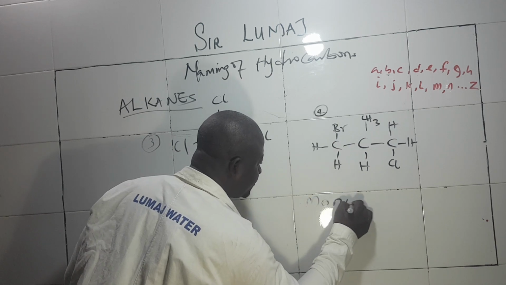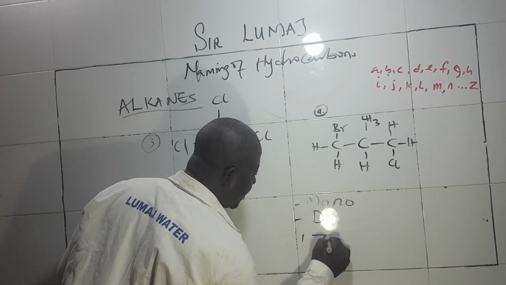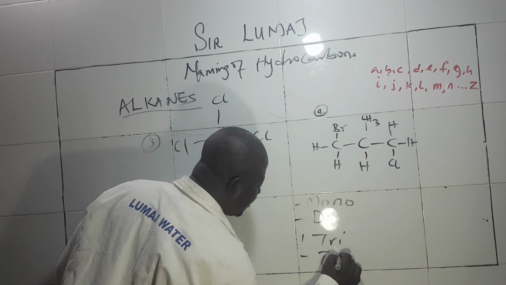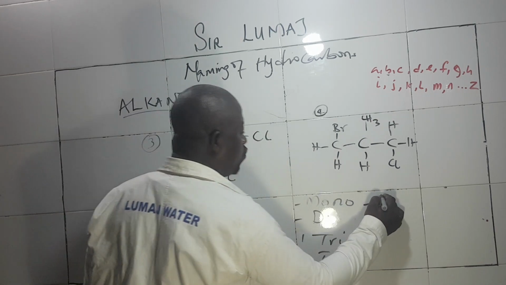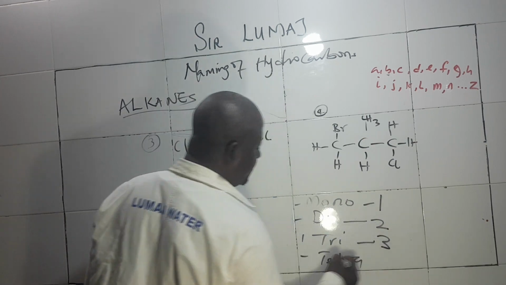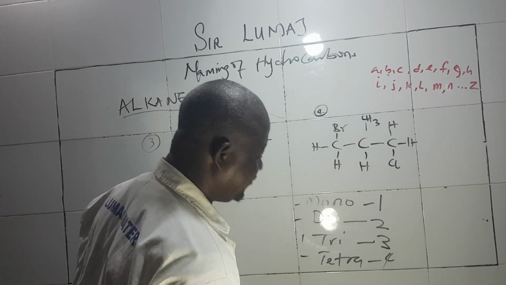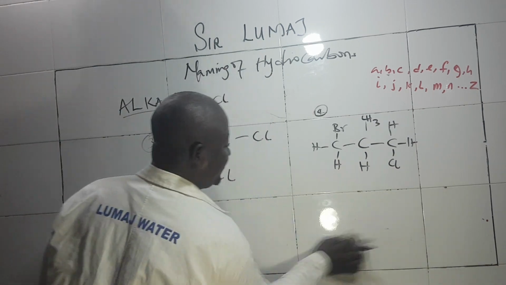If you have the frequency of an atom to be more than 1 on a carbon, you now use these words. Mono, don't forget. Di, don't forget. Tri, don't forget. Tetra. You know, mono means 1. Di means 2. Tri means 3. While tetra means what? 4. We are speaking chemistry now. Yes.